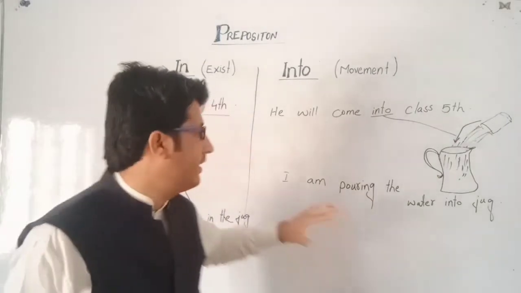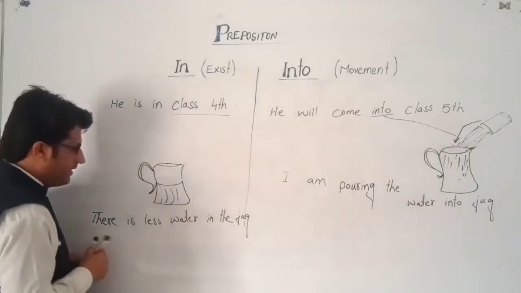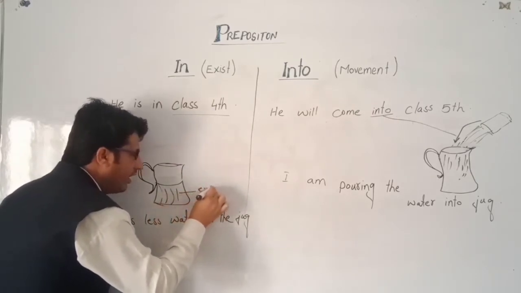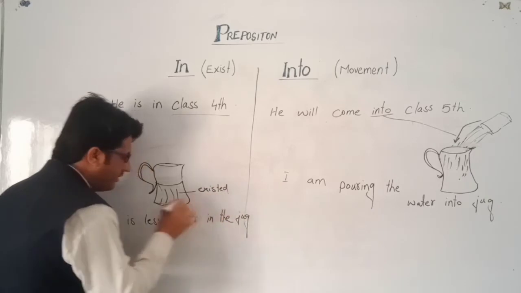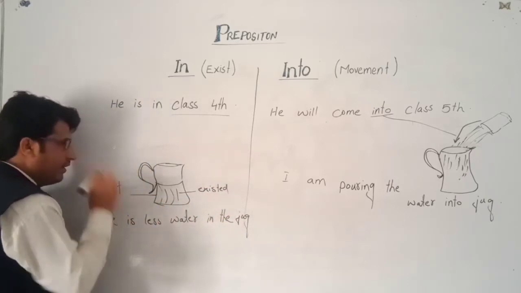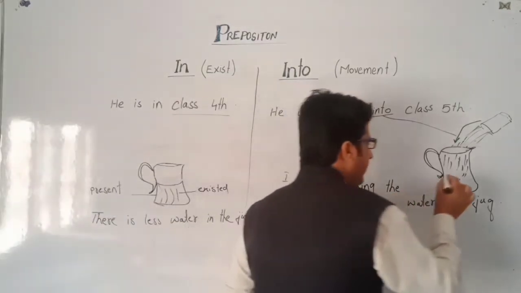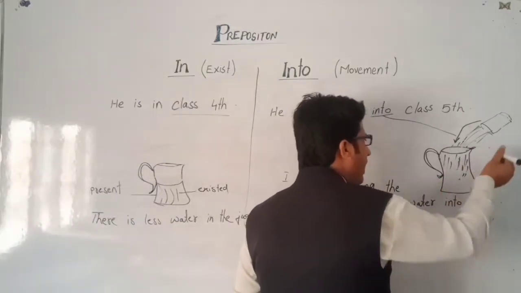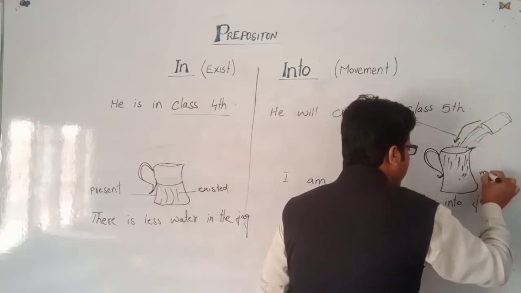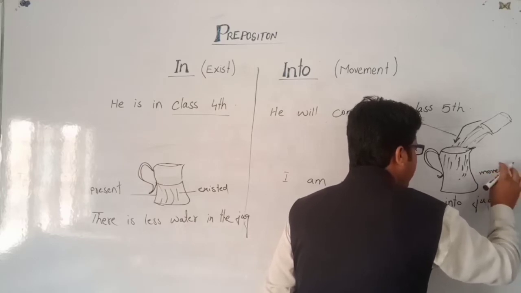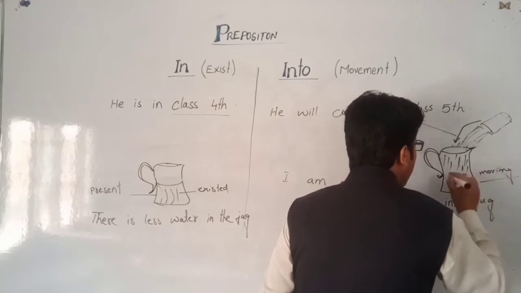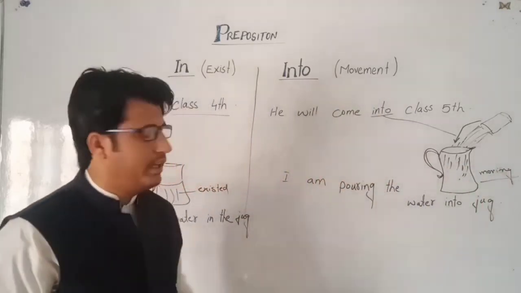Now you may know that the status of water here is existed, already present. Water is present, while over here there isn't water. We are pouring water from glass into jug. Water is moving over here. Movement is present over here.